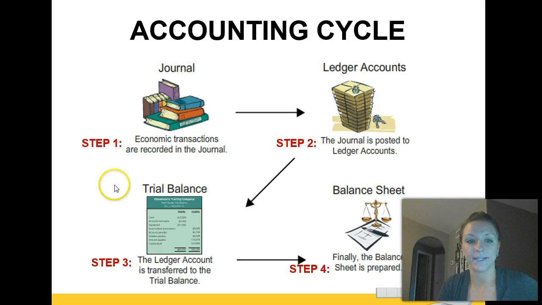Then we'll go into posting our journal entries to the ledger accounts and using that information to come up with a trial balance. Finally, we use that to prepare the balance sheet, which shows us the net profit or net loss that our business has.